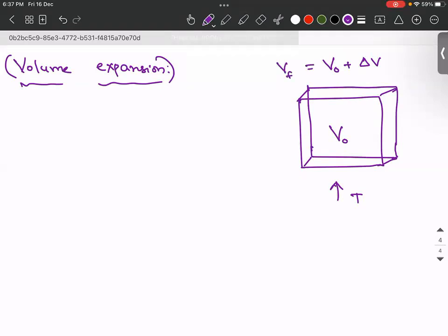Then what we can write is the change in volume is observed to be directly proportional to the initial volume, and the change in volume is observed to be directly proportional to the change in temperature.